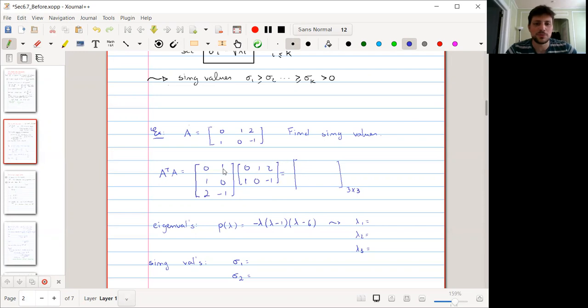Okay, now when we compute this, we get 0 up here, 0 here, and we have minus 1 here, 0 in the second row, 0 in the third row, and in the middle entry, and then we have 2 here. Then I'll do it again, minus 1, 2, and then we have 4 plus 1, that's 5.